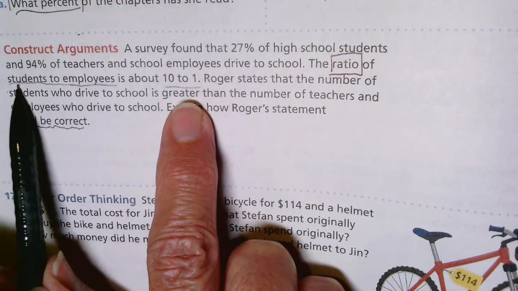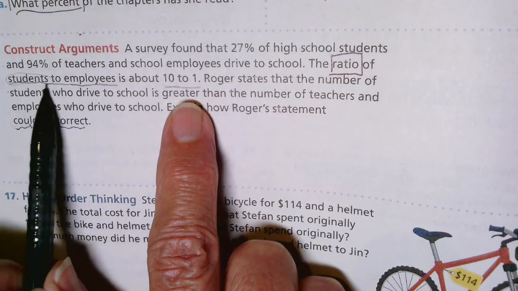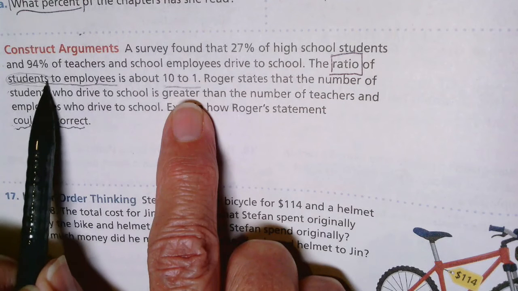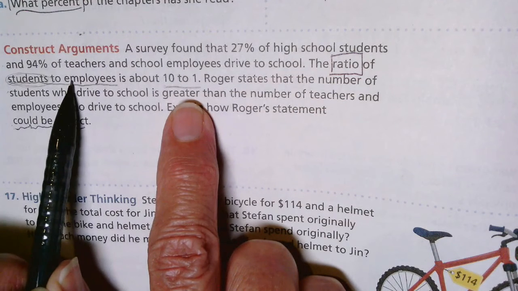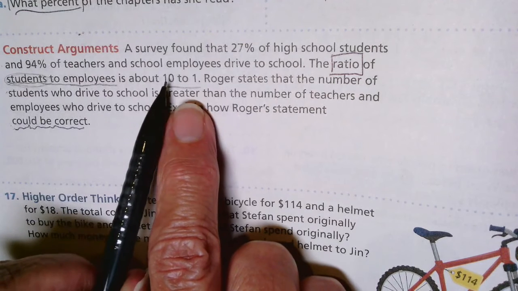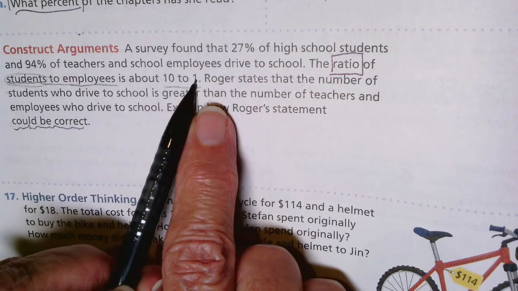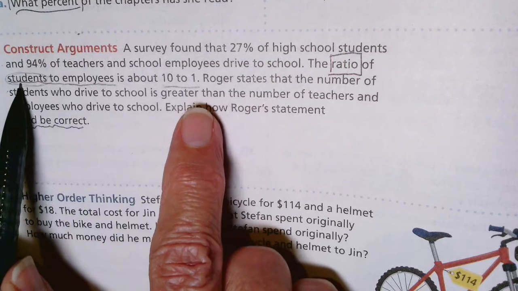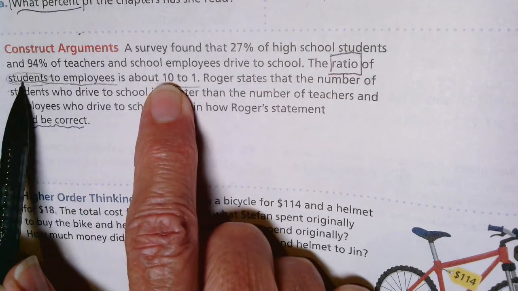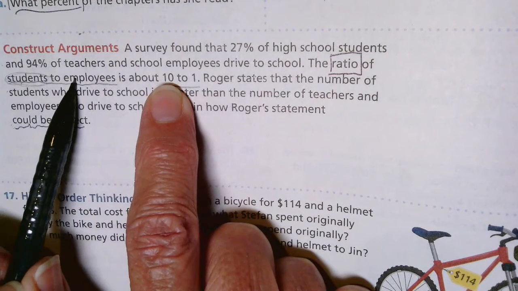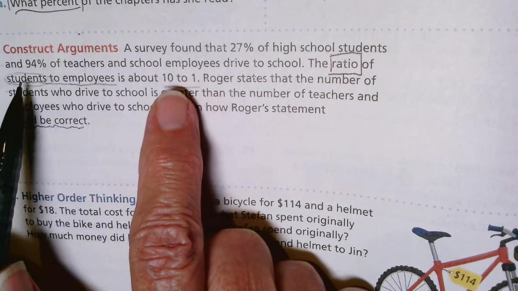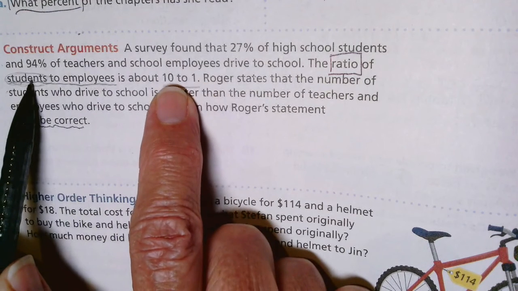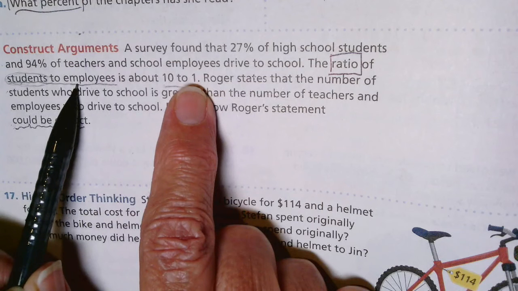So when the word students comes first, when we're talking about the two entities in the ratio, students and employees, and then the ratio itself, 10-1, the first word relates to the first number and the second word relates to the second number. So for every 10 students, there is one employee at this particular high school.